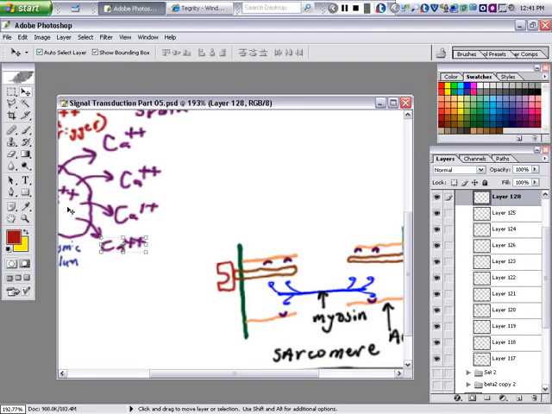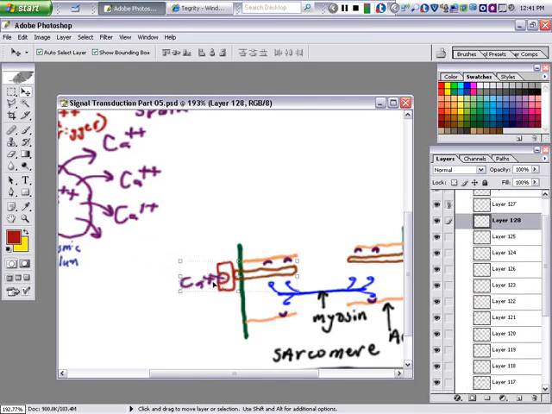And your myosin binding sites on actin are covered up. And so when it's time for your heart to contract, this happens very quickly. The calcium is released. Then the calcium binds to this red protein, which we'll name in a second. Then the red protein is going to pull the blocking protein away. Myosin is going to go up, pull the proteins in, and your heart contracts.